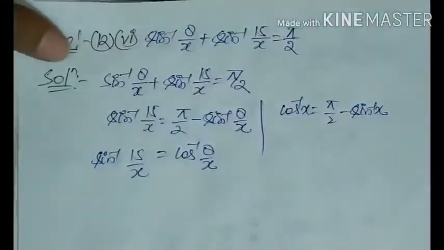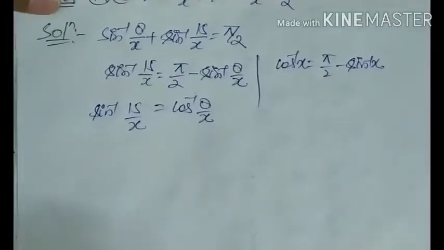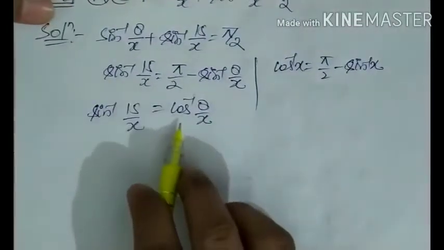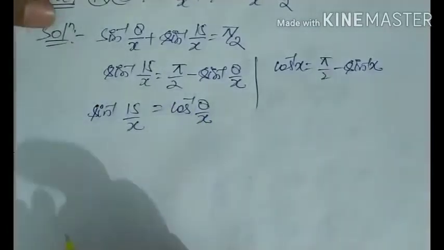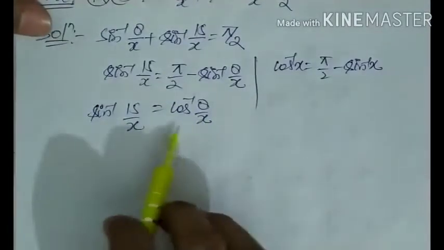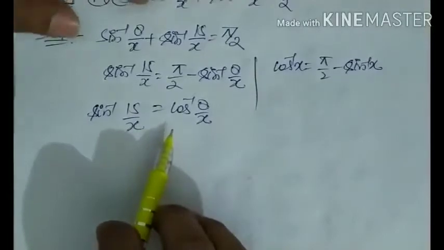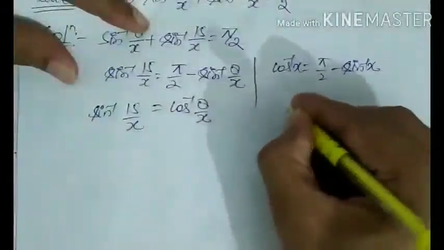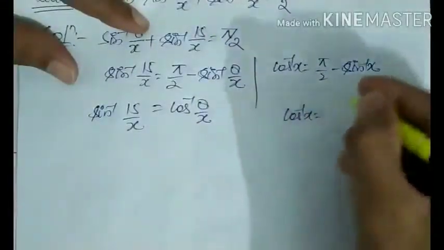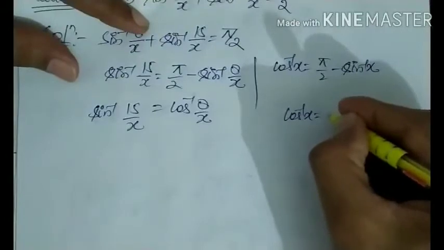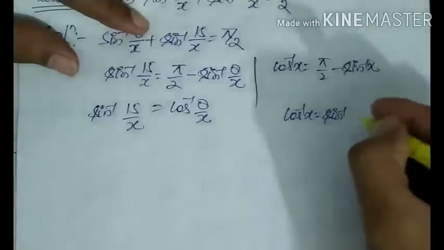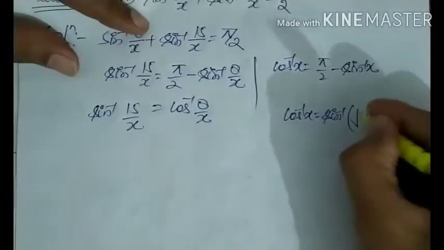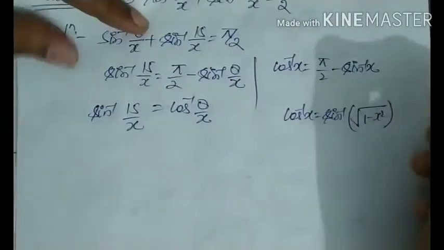Okay. Now I'm thinking that if we convert cos inverse something into the form of sin inverse, then we can easily solve this equation. As we know, cos inverse x equals sin inverse of under root 1 minus x square.